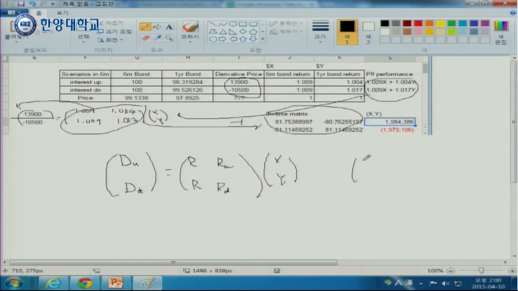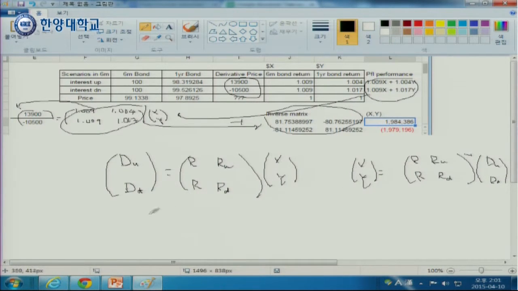So x plus y is the inverse matrix of R, RU, RD, times the inverse of du, dd, right?